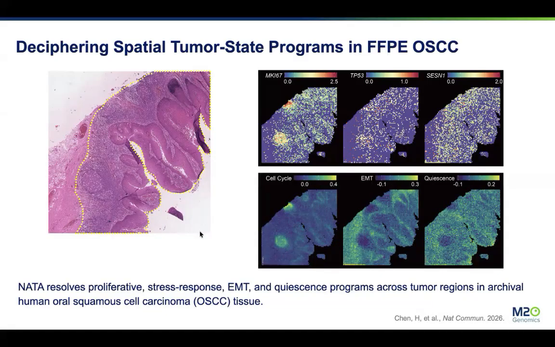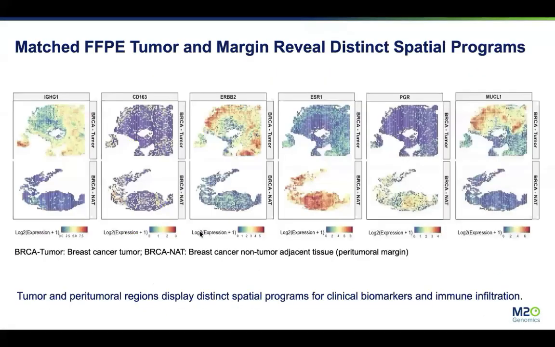For this next case, we applied NATA to matched FFPE breast cancer and adjacent tissue from the same patient to evaluate whether established clinical and molecular features are preserved in spatial transcriptomic profiles. For each marker shown here, the top represents the tumor tissue and the bottom represents the matched adjacent margin.